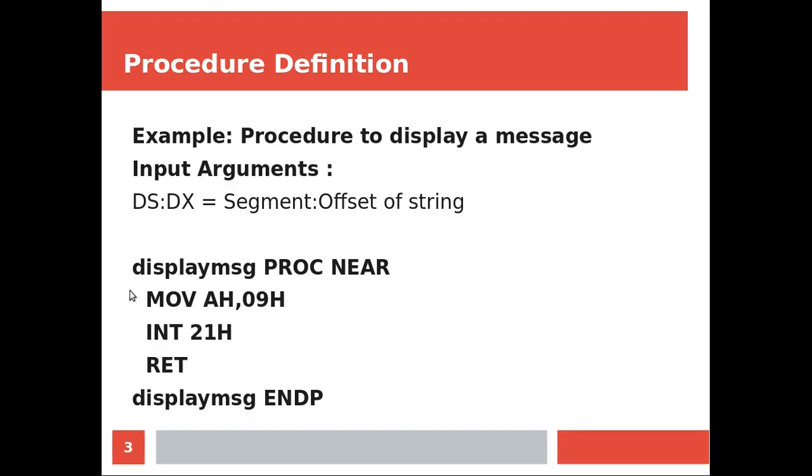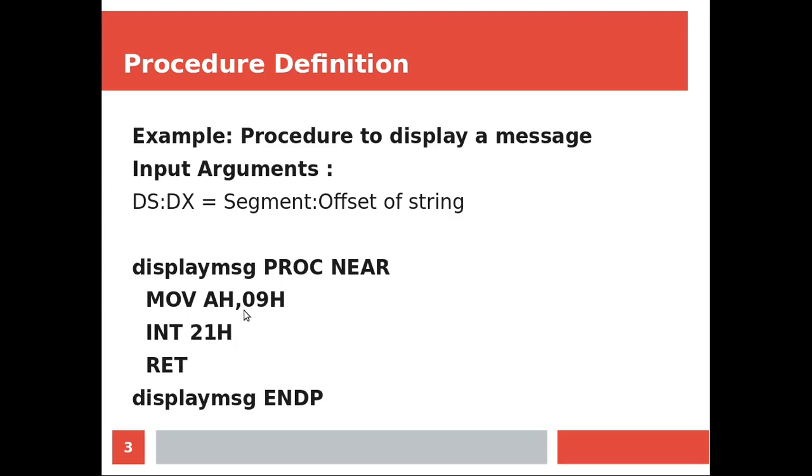This is our procedure. Display message is our procedure name. This is our directive for creating procedure. Then it is defined as near. That means this procedure will be available only to the segment in which it is defined. Then this is actually the body: mov ah, 09h, int 21h.